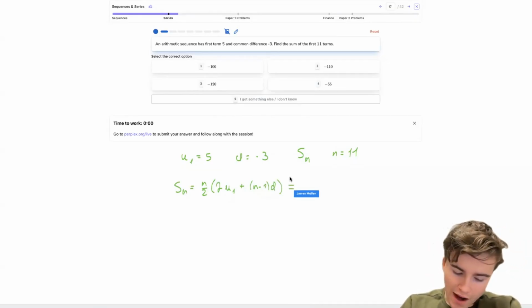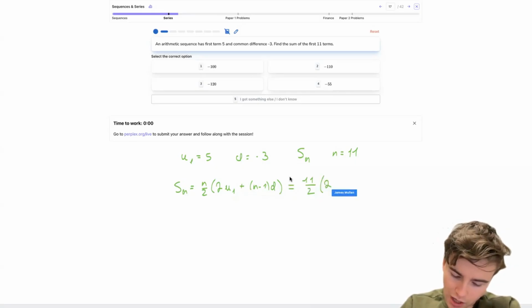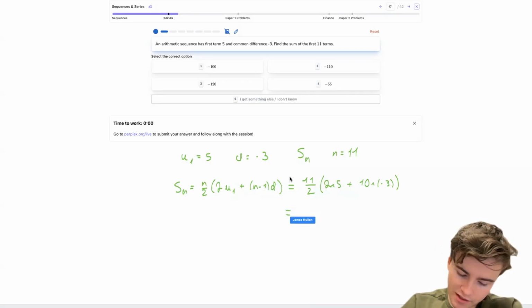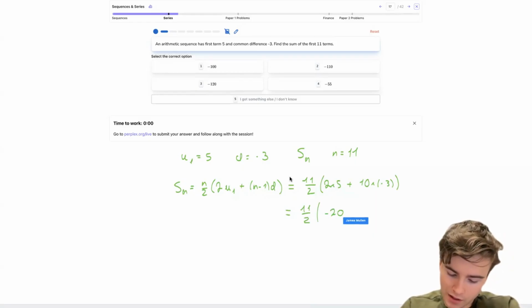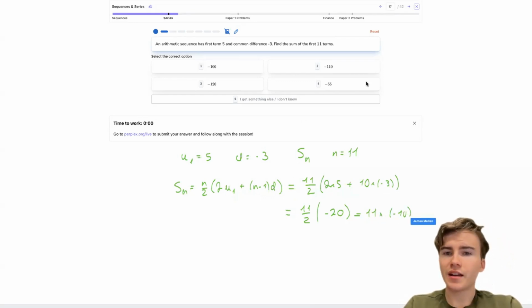I'm going to plug in what I know. n is 11, so I have 11 over 2 times (2u1 is 2 times 5, plus n minus 1, which is 10, times minus 3). So this is 11 over 2. 2 times 5 is 10. 10 times minus 3 is negative 30. So 10 minus 30 is negative 20. So this is 11 times negative 10, or minus 110.